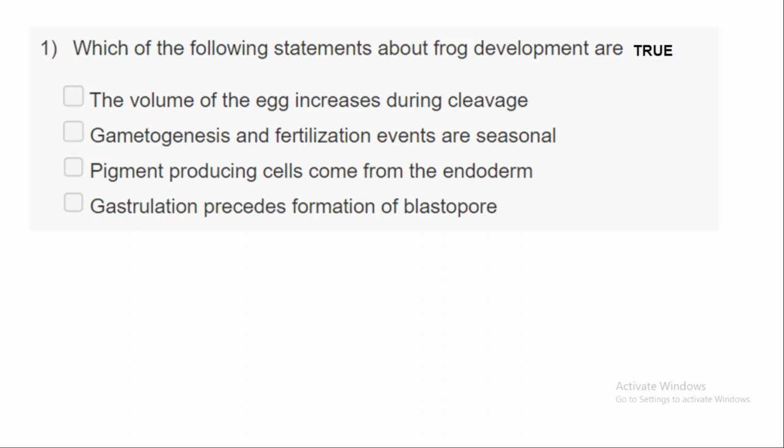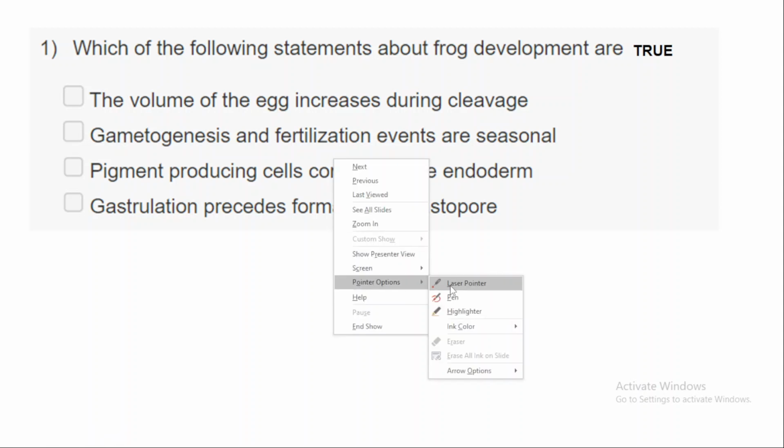Yes, yes. And students, I would request everybody to interact with me via the chat box, so that the smooth conduction of the session happens. So this was the first question that I posed. Which of the following statements about frog development are true? Now that you can see the slides, you can read the question aloud.